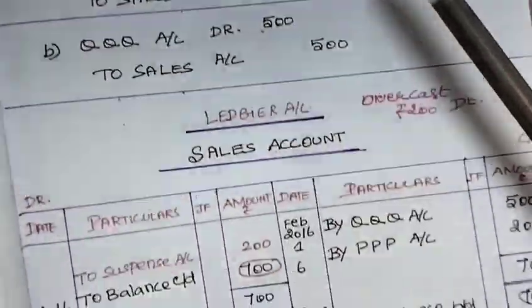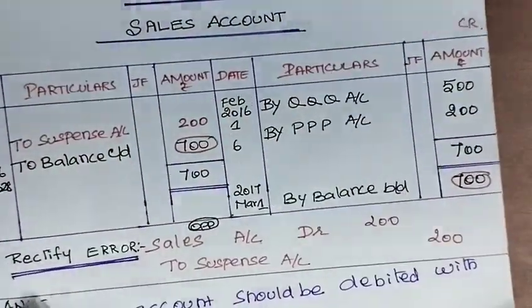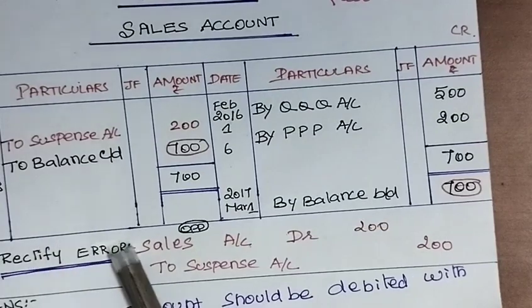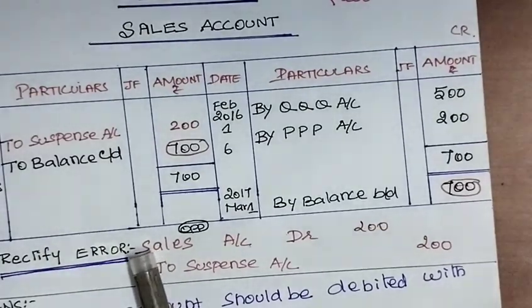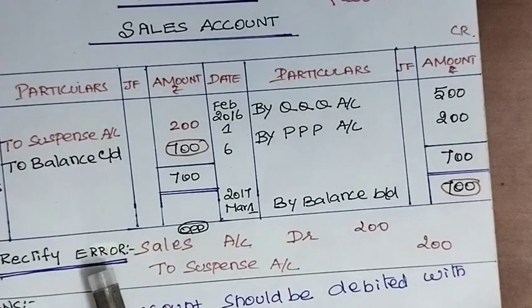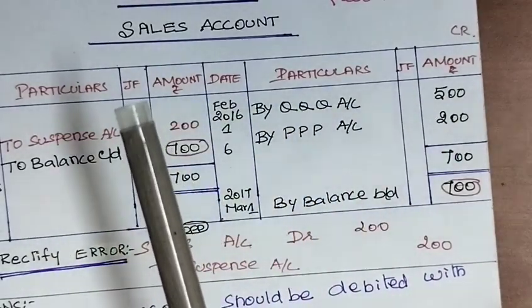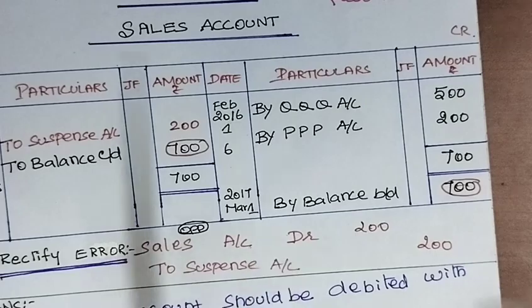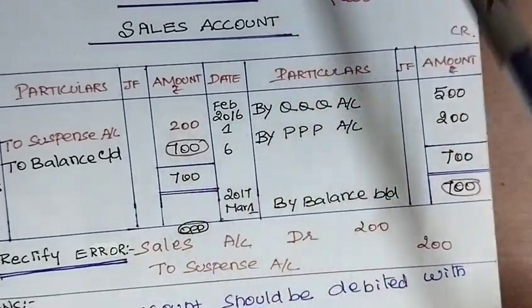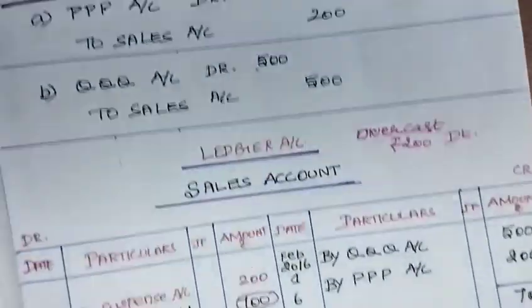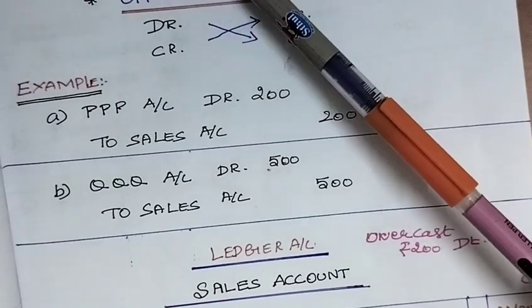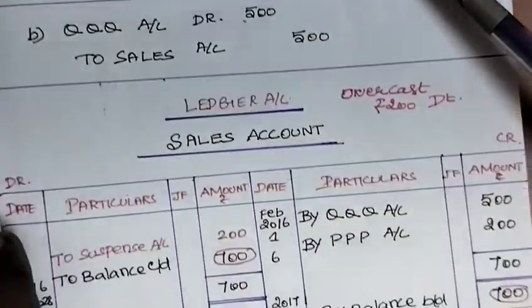What is the opposite journal entry? Where is sales account in the original entry? Sales account shows on credit side, but whenever you see over cost, excess, more, you should follow the opposite journal entry.